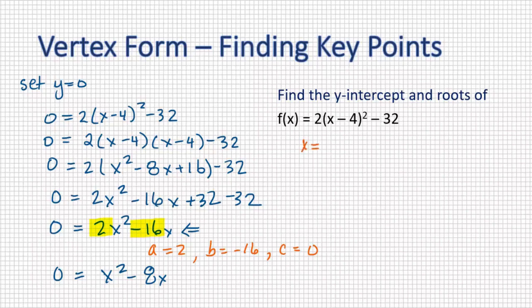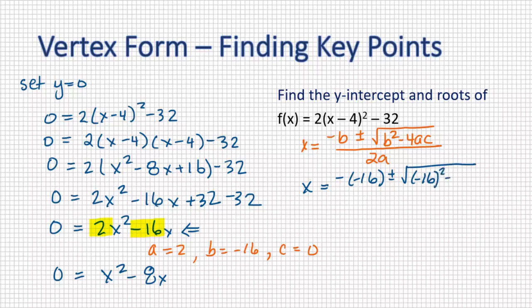Let's write out the quadratic formula one more time. We are going to solve for x by evaluating negative b plus or minus the square root of b squared minus 4ac, all divided by 2a. So in our case, we have x is equal to negative 16 plus or minus the square root of negative 16 squared minus 4 times 2 times 0.